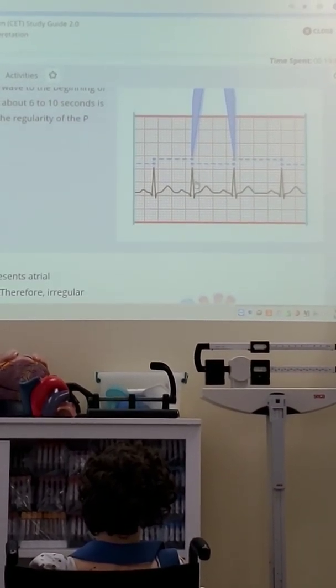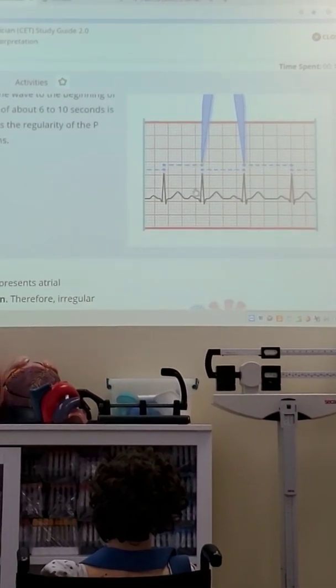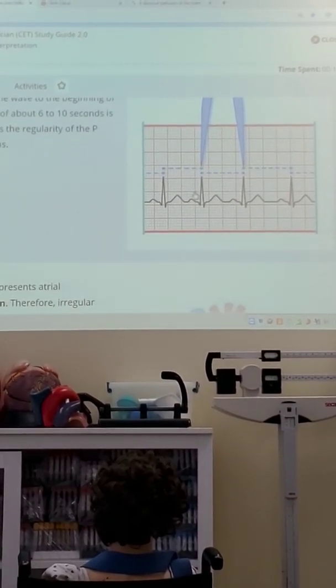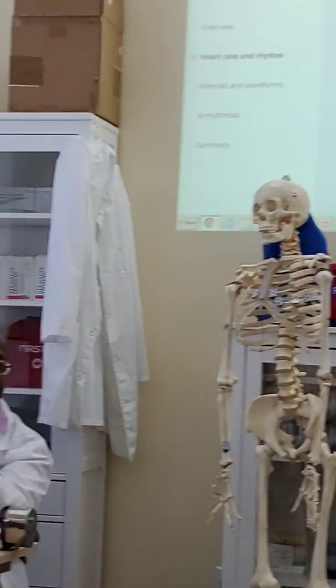The ventricles are contracting. So if there is any abnormality on this QRS, what does it mean? Ventricular contraction is not going well, or it's abnormal.